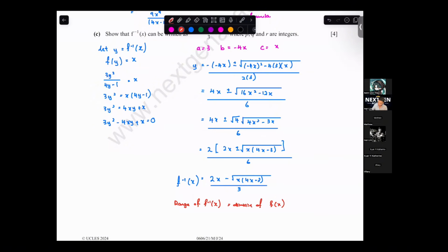You can write down, therefore f inverse x must be less than 0, therefore reject. Therefore we can write down: reject positive square root value. Because if I put it as positive, then this whole thing will be positive already.